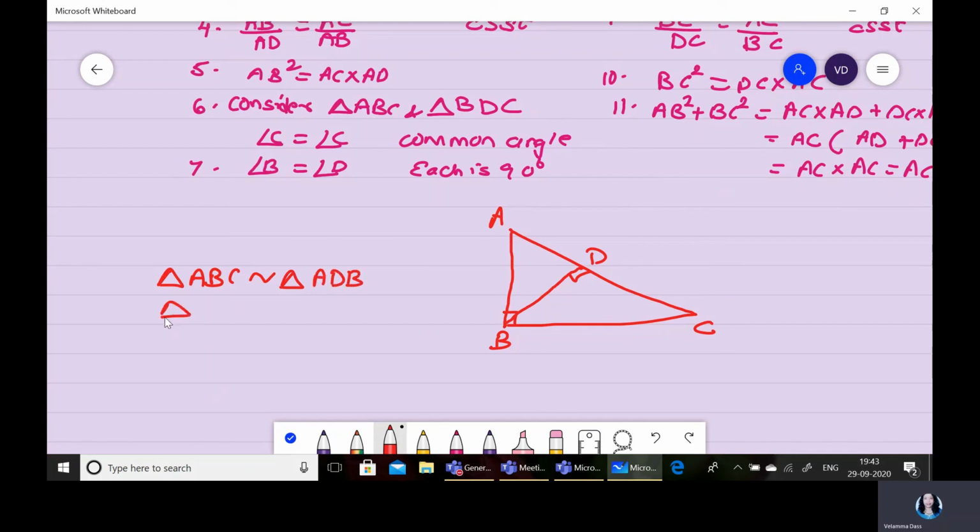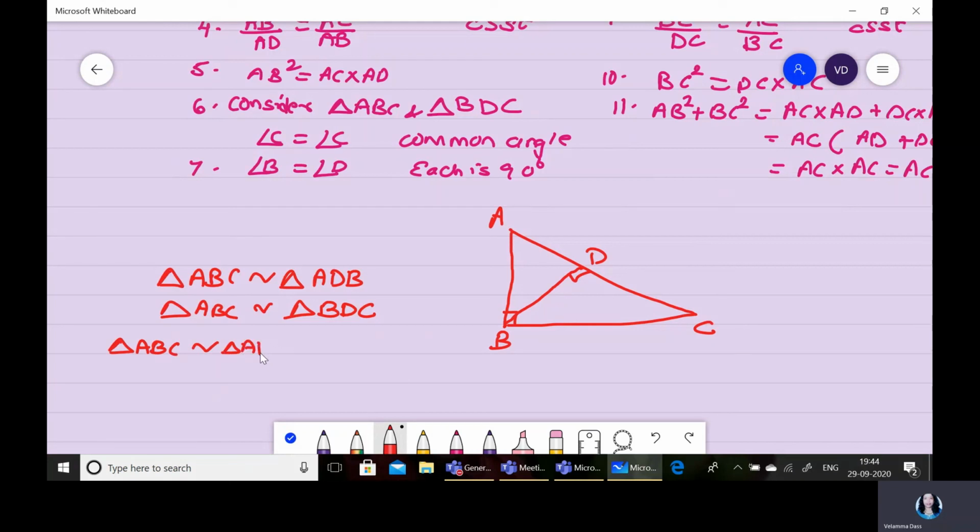Again, to find BC square, we took triangle ABC and proved that it is similar to triangle BDC. Here C is common, right? Once we prove that triangle ABC is similar to triangle ADB, and ABC is also similar to triangle BDC, from this we can infer all three triangles are similar to each other.